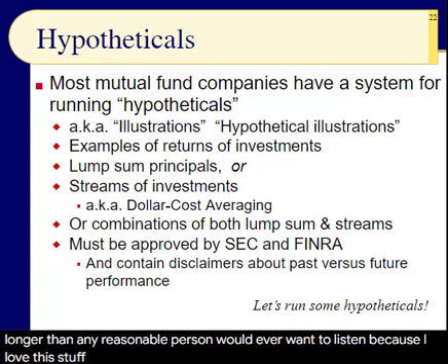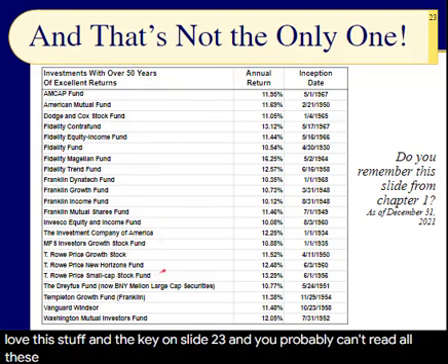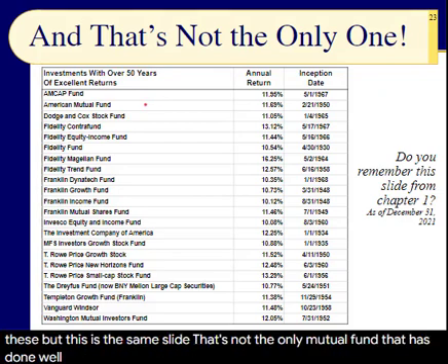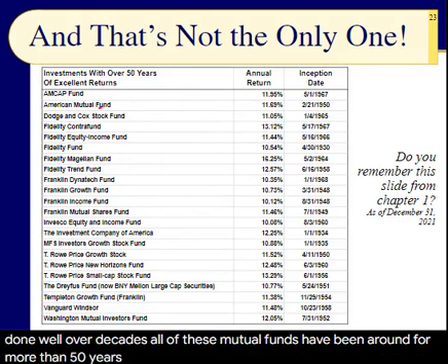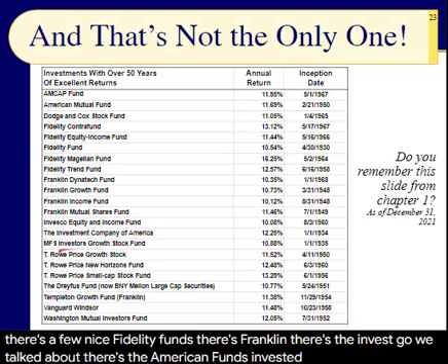And the key on slide 23, and you probably can't read all these, is the same slide we had from chapter 1. That's not the only mutual fund that has done well over decades. All of these mutual funds have been around for more than 50 years. There's American Funds, there's Dodge and Cox, there's a few nice Fidelity funds. There's Franklin, there's the Invesco we talked about, and the American Funds Investment Company of America.